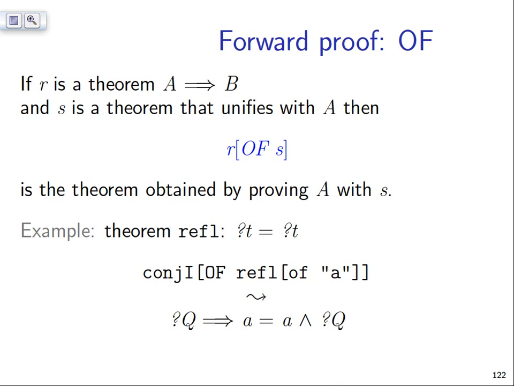Then you have a big theorem that says if A equals A, that implies P implies A equals A and Q implies A equals A and Q. At that point, it's still a theorem with another premise, but then you say, hang on, here I have a proof of A equals A. So therefore, this theorem should give me its conclusion. And that's what we get here.